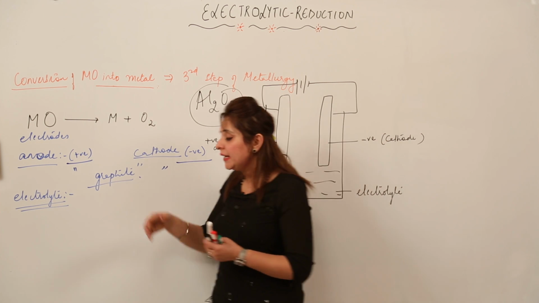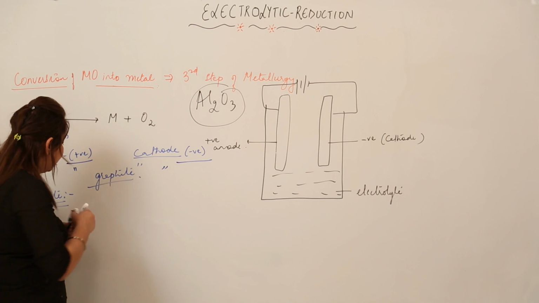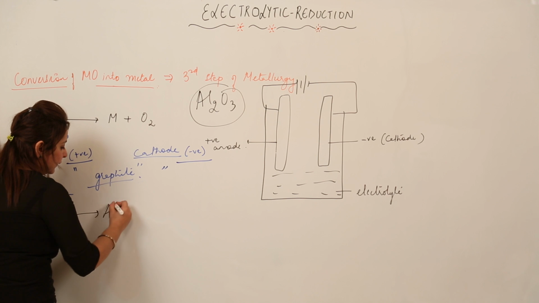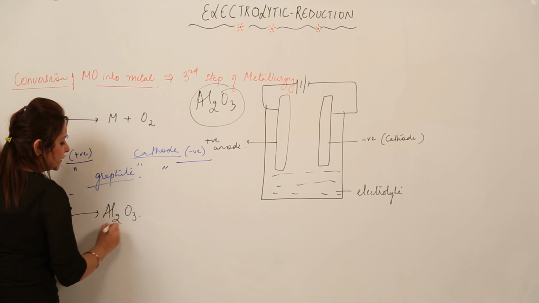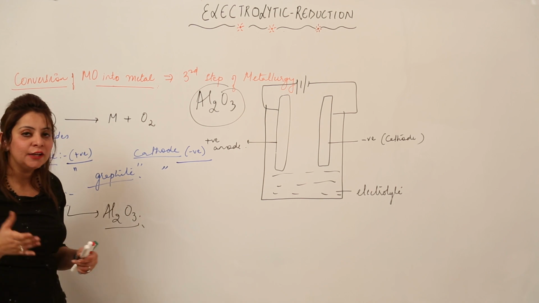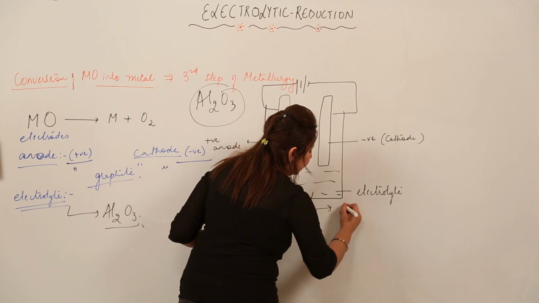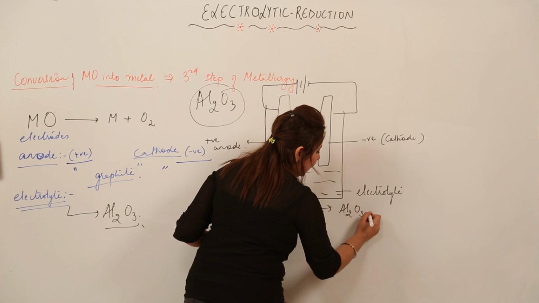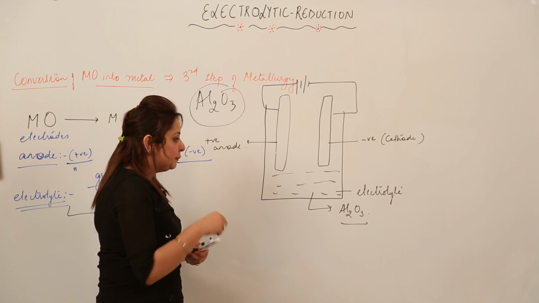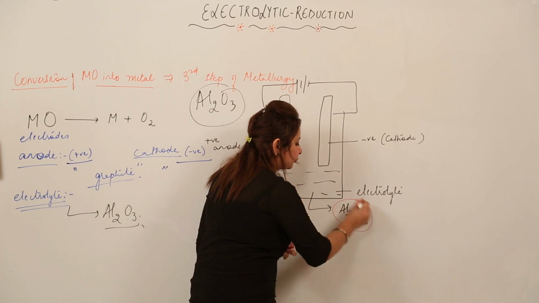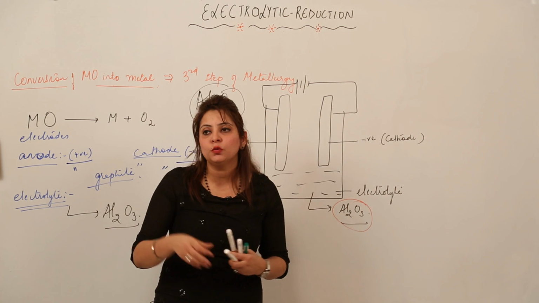Then what electrolyte will we be taking? The electrolyte will be aluminium oxide. Since we want to reduce aluminium oxide, I am taking the electrolyte as Al2O3.